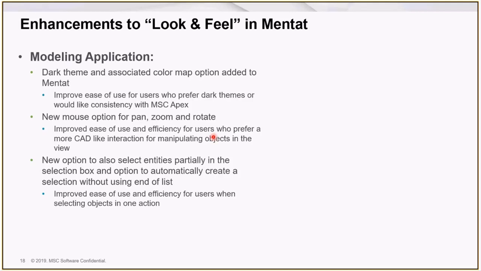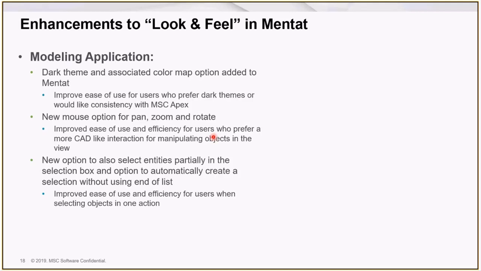But when we look at what's been done in CAD, and what we've done in products of our own, like MSC Apex, we knew that the idea of just using the mouse to do that without having to enter into a mode repeatedly is a huge improvement for many people. So we have these new options where you're able to do those kinds of operations with the mouse without having to engage a mode constantly.